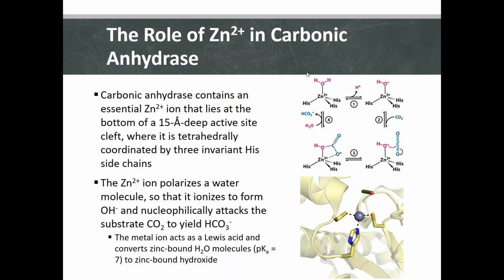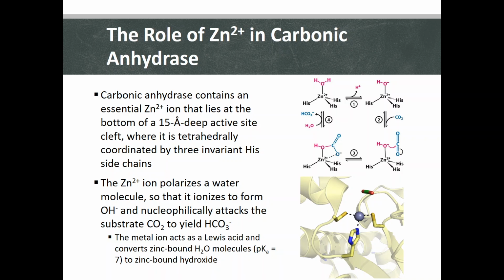So when we start the reaction cycle, there's a water that is bound to that zinc, and this gives the square planar geometry. Now, it's interesting here because what the zinc actually does through interaction with the water is it polarizes that water. It reduces the pKa of that water fairly significantly. Normally, water is going to have a defined pKa, but the interaction with the zinc drops the pKa to about 7, which is quite a bit lower.